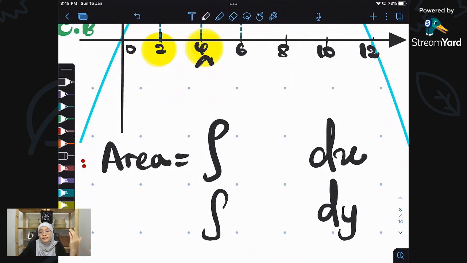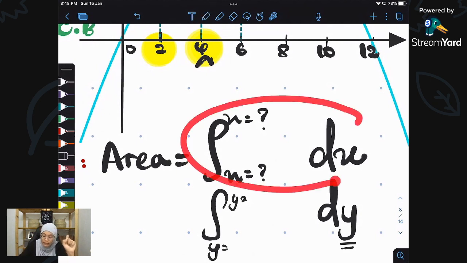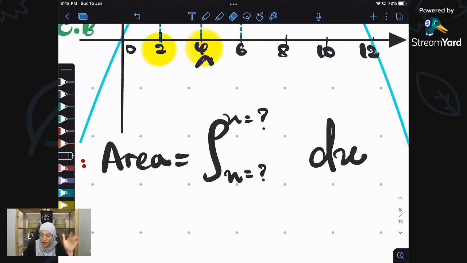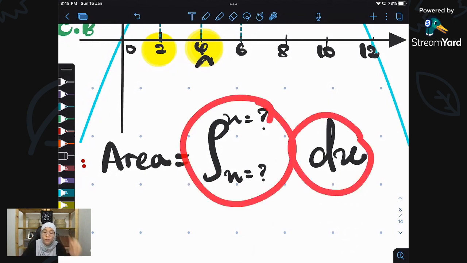If you use integral with respect to x, the limits must be x coordinates. Whereas if you use with respect to y, the limits must be y coordinates. These things you already know. But now I would like to use only with respect to x. That's all I want to show you because our time is short. So I will show you only the integral with respect to x.